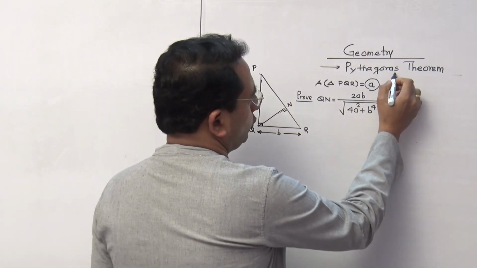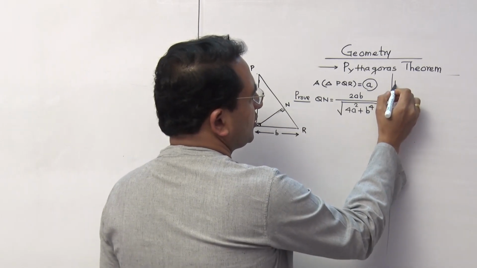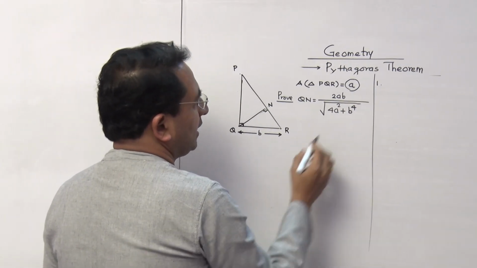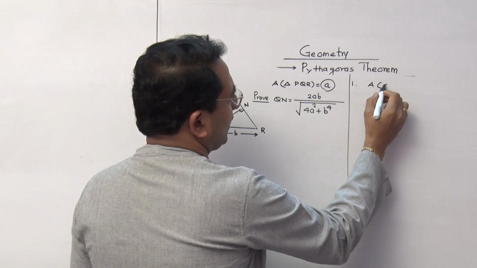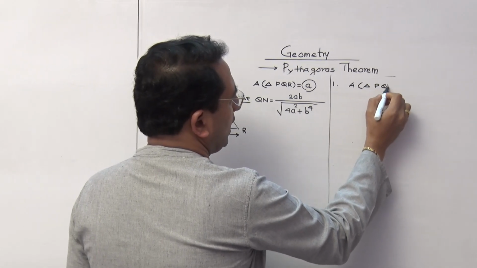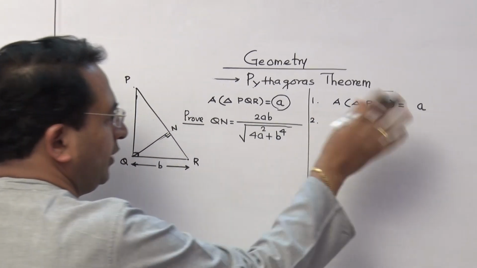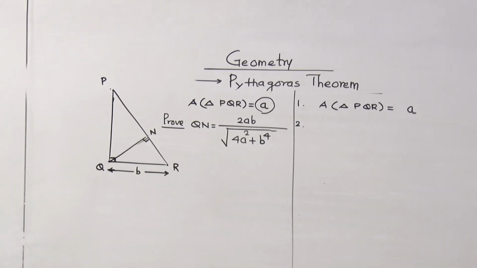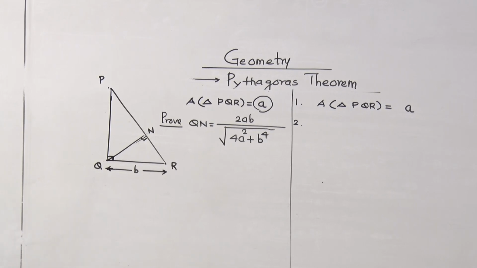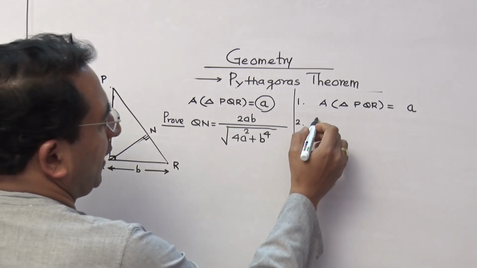First thing, I will write my first statement here. Area of triangle PQR is nothing but they have given it as a. So you will definitely write the reason for that as given. Now what is the formula for area of a triangle?